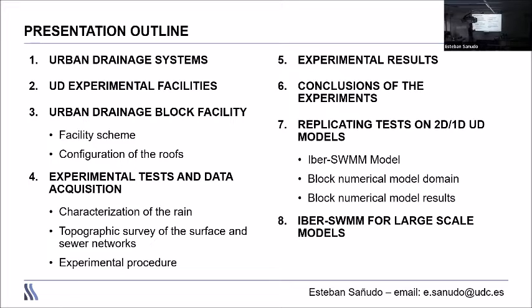Finally, we introduce the use of this data to validate the urban drainage model called Iber-SWMM, which is a main part of my PhD. And we introduce very briefly how you can use Iber-SWMM in large-scale models.